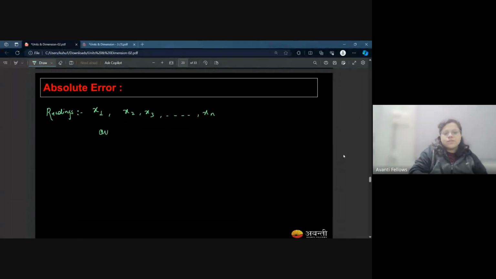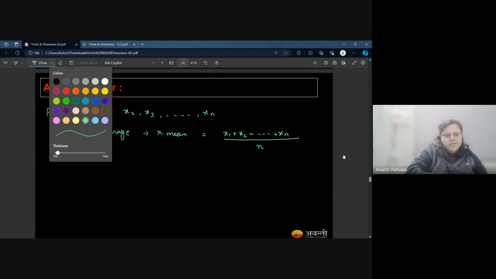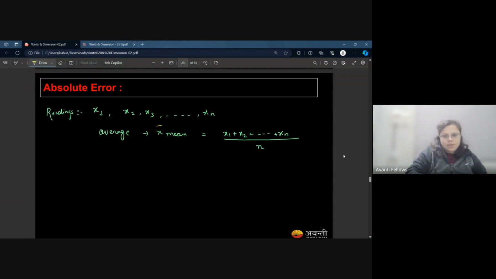The true value is the average of this entire data, right? The sum of all the observations upon the number of observations. You can call this x mean the true value.